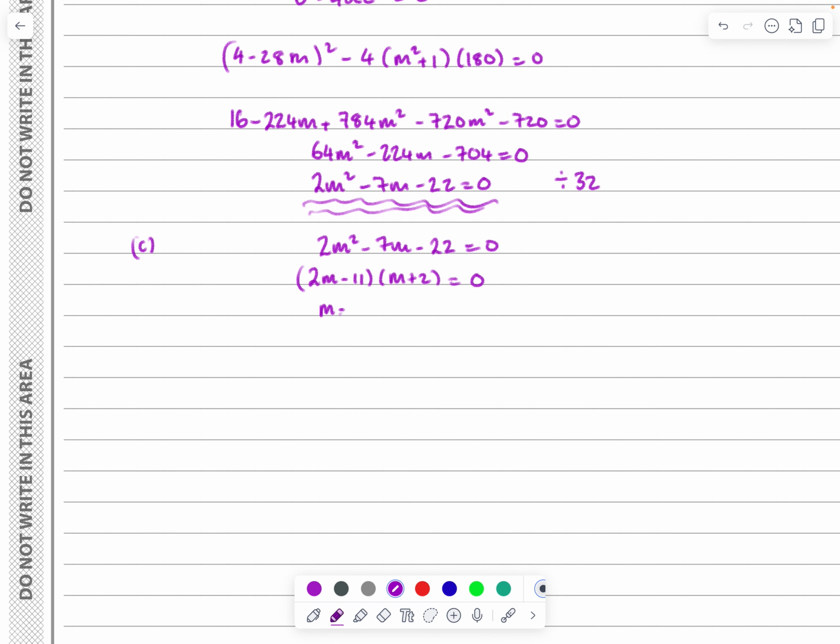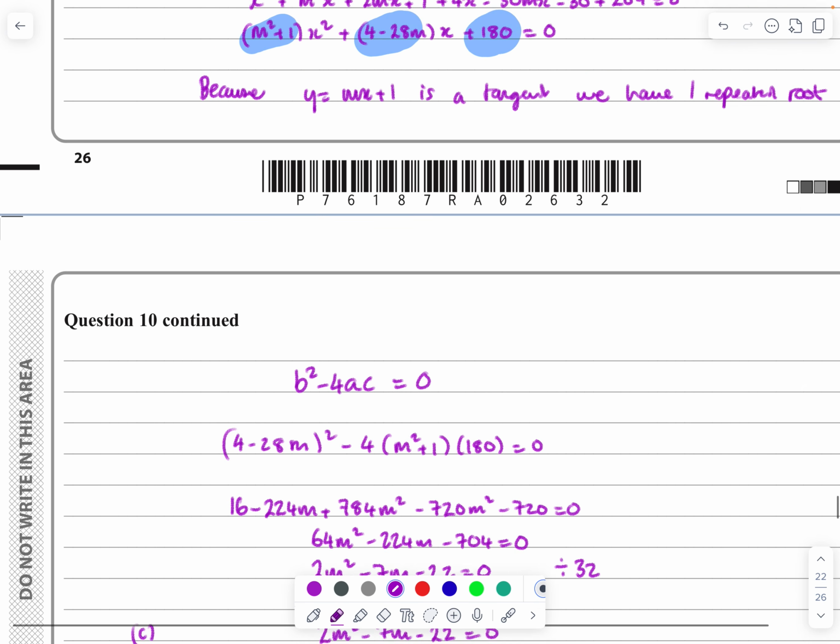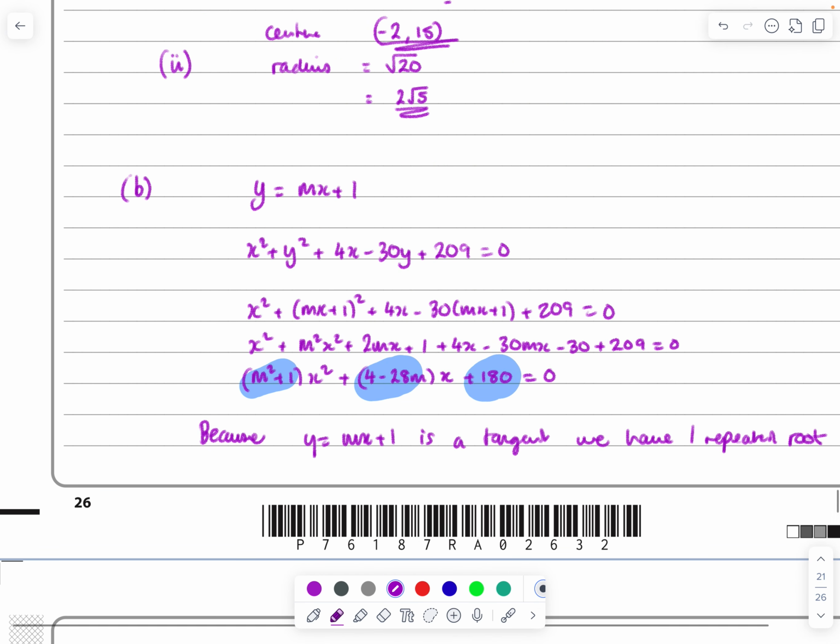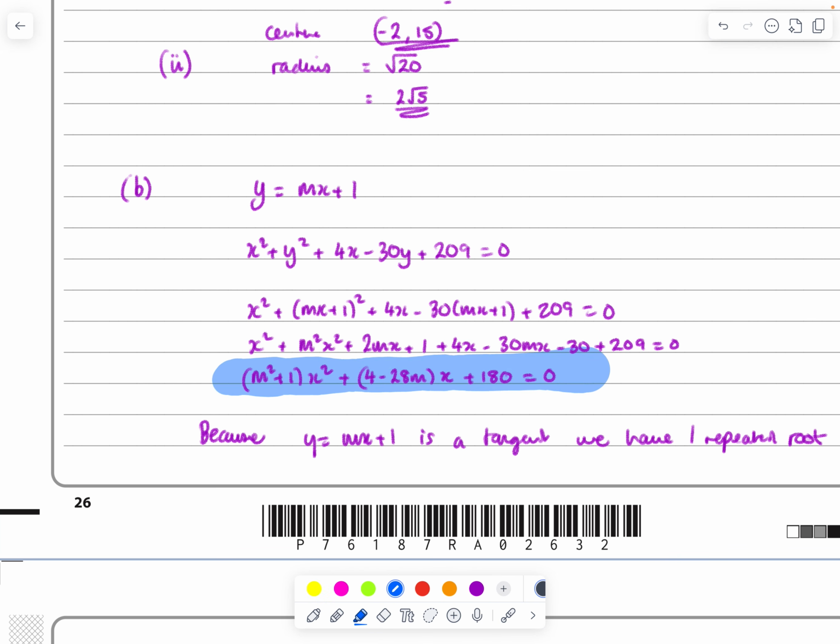We get that m equals 11 over 2, or we get that m equals minus 2. So what that's telling me are the two possibilities that I can put back into this equation up here, with m being equal to 11 over 2 or m being equal to minus 2, and we'll get the two equations which we'll be able to solve.